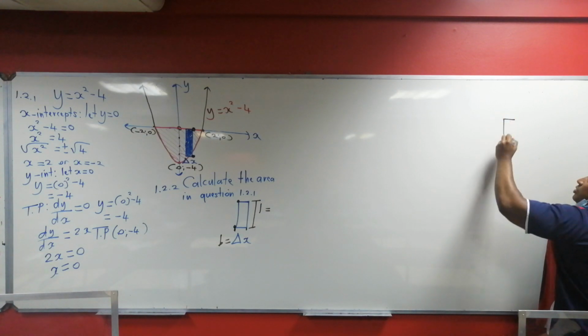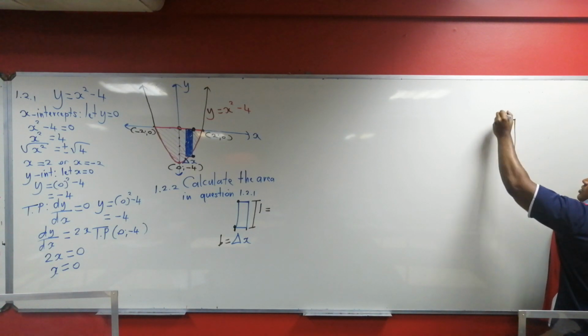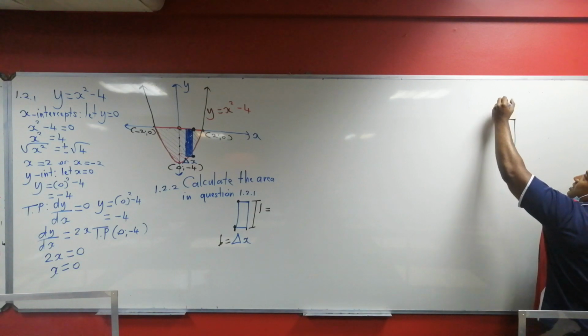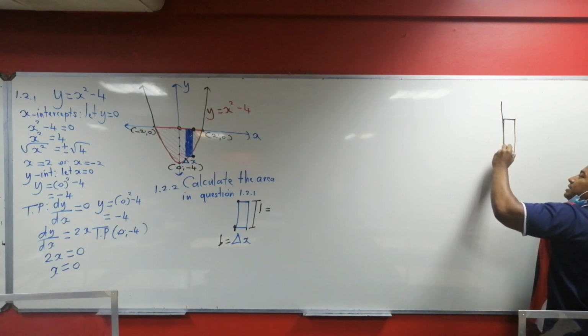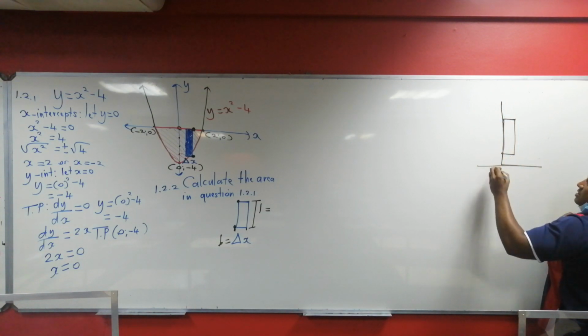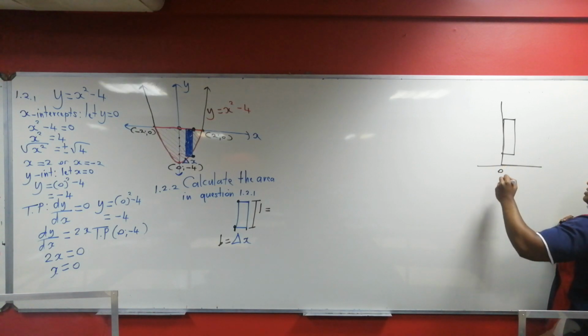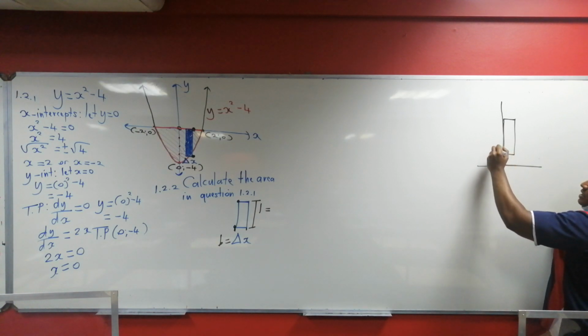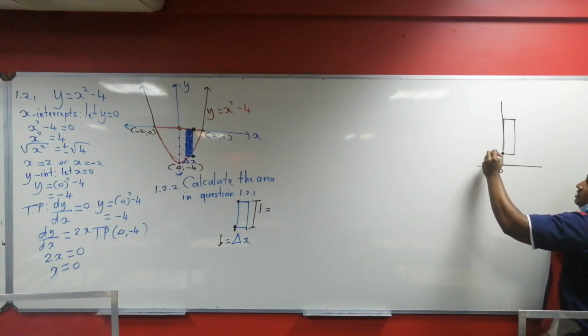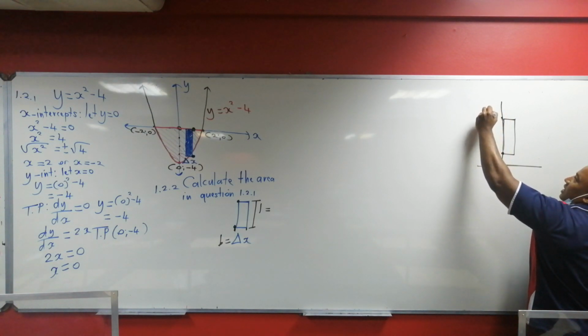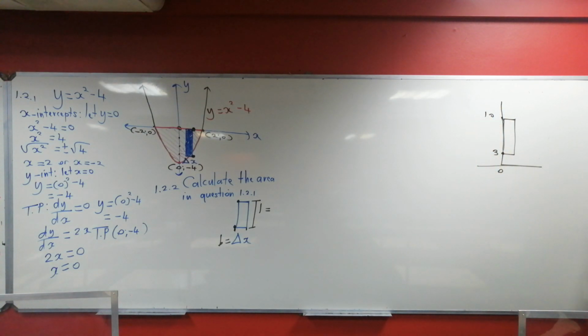So let me explain to you what I mean by the length. Let's say this is the xy axis, this is the y axis, and this is the x axis. Right, so let's say that's 0. Now, if I know that this is 3, and this here is 10, and I ask you, what is the length of this rectangle?